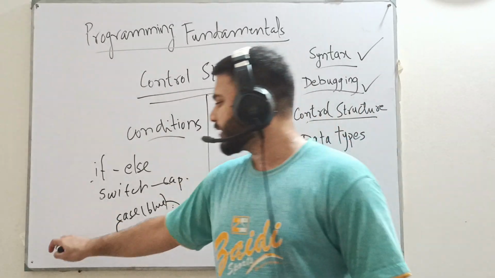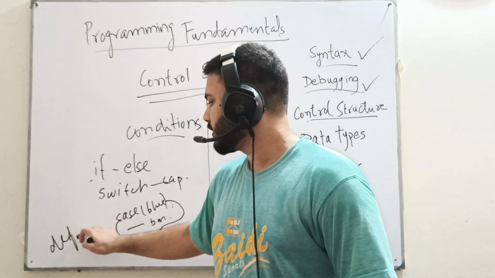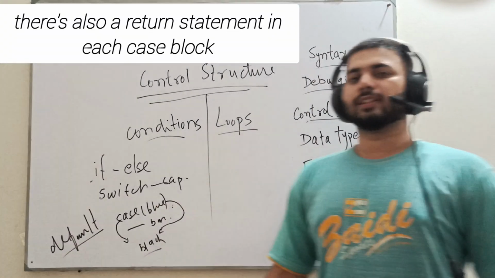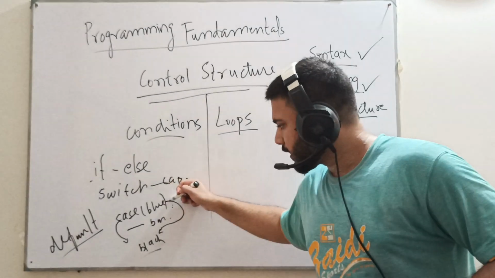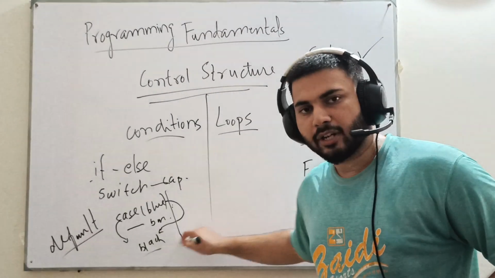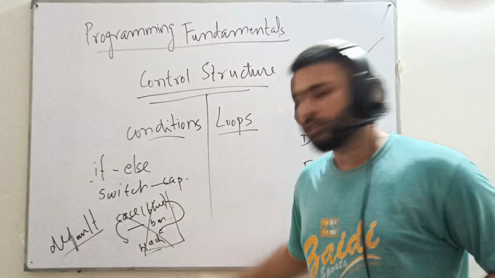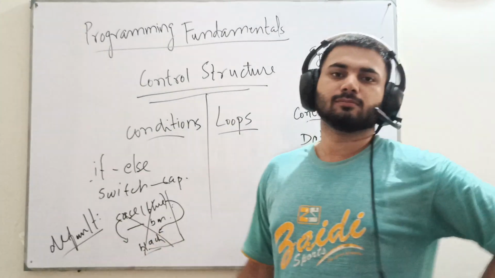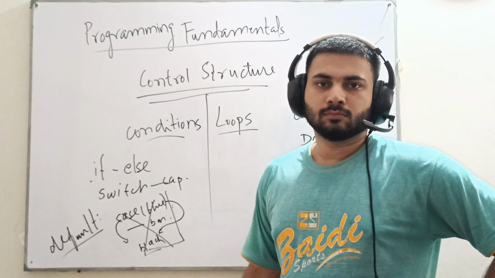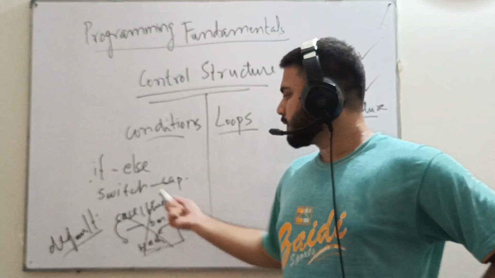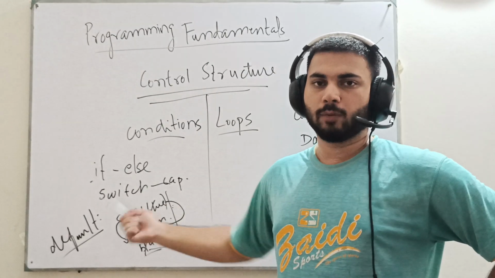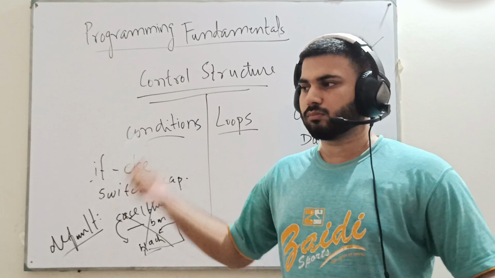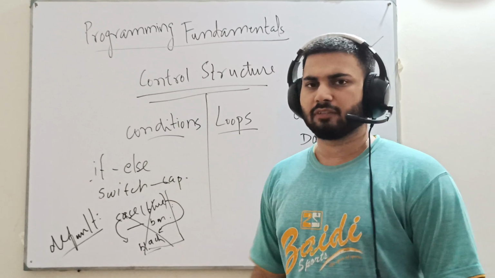There always has to be a default case. What does the default case say? If all the things that you compare it to are not true, then what should be executed? Then what to do? Like in this case, if it does not belong to the blue or black marker, then it belongs to any marker that is available.